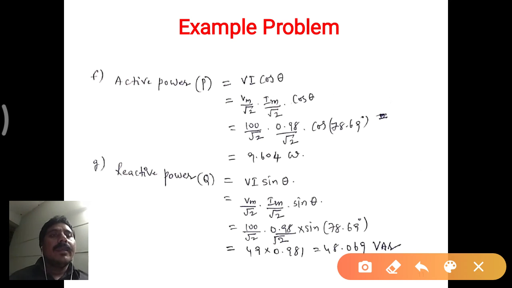Previously I calculated the peak voltage. Always we have to convert peak values into RMS values, so I am dividing by root 2. Why? I'll explain that in the next class. Similarly, I take the RMS current and cos theta. All these are known values: the voltage is given, the current we calculated in the third bit, and the theta value was also calculated in the previous bit.